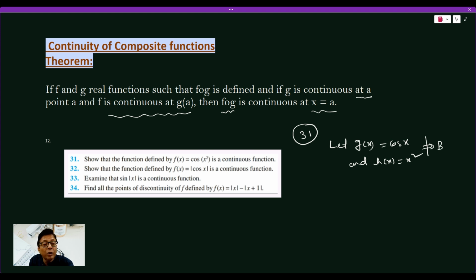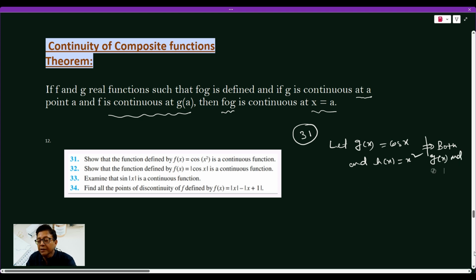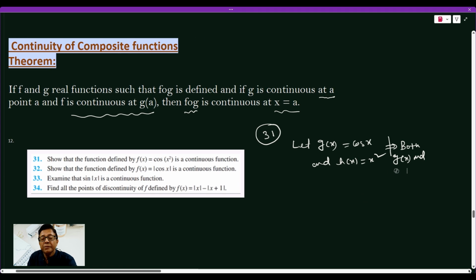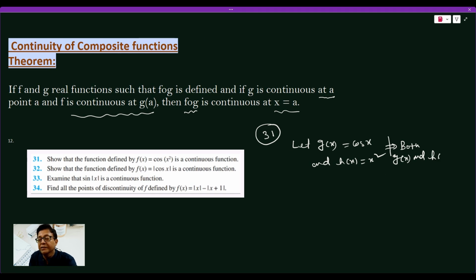They have not mentioned any interval there, so we'll think about the whole number line, that is, for all real values of x. Both g(x) and h(x) are continuous functions. Agree or not? Both g(x) and h(x) are continuous for all x belongs to R.